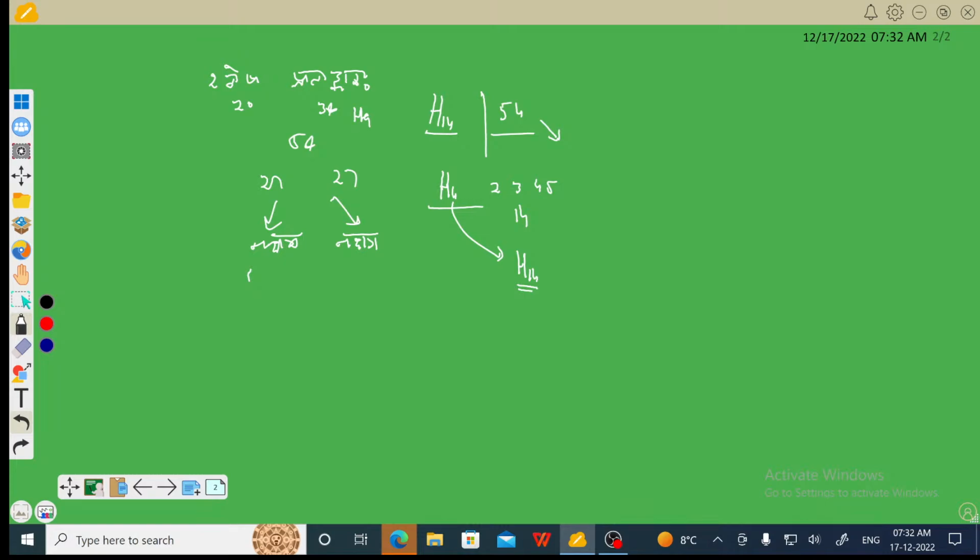Therefore, Shalesh Alankar is going to be H14, and we know that 14 has 29 geometries. It is parallel with the TC value of Brahma, Creator the Supreme.